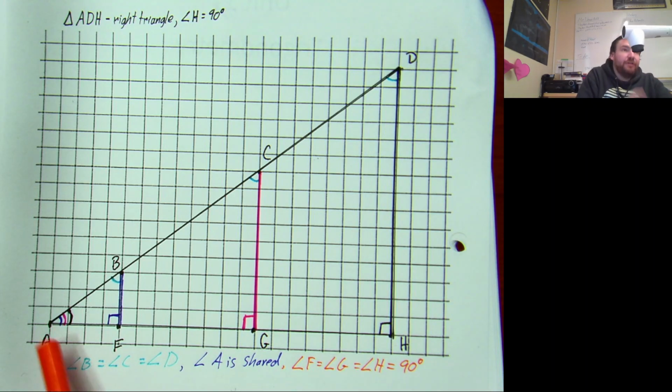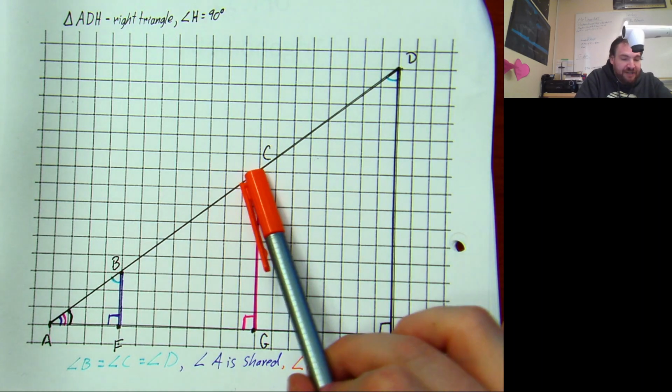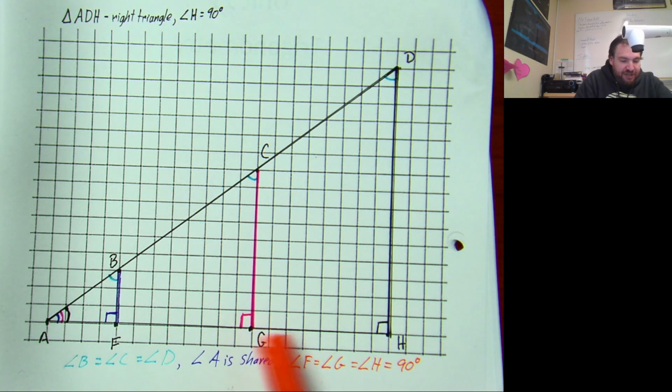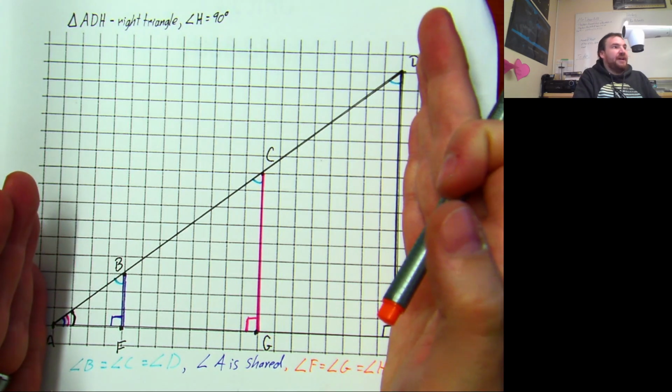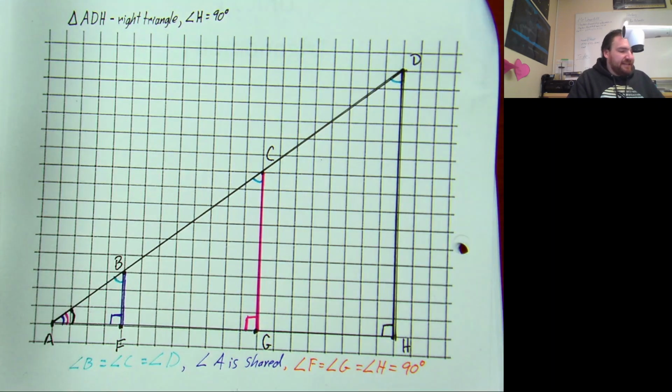But how the language we use here is we say all of the corresponding angles are equal in these three different triangles. So like they all share A, angle B, angle C, and angle D are all the same, angle F, angle G, and angle H are all the same with each other. And we've got three triangles of different sizes here. So we can't say that these triangles are equal to each other, but what we can say is this.